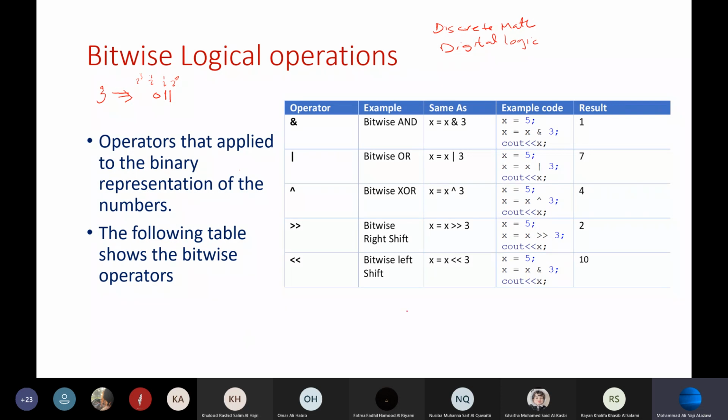That means there are weights 1, 2, 4, 8, 16, 32, 64, etc. So if I want to represent the number 7, 7 can be obtained by 4 plus 2 plus 1. So 1, 1, 1, and the rest are zeros.